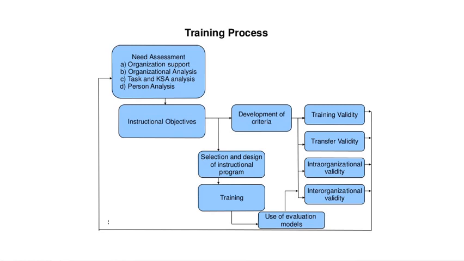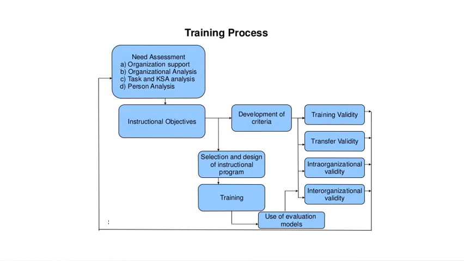For example, whatever trainer we called for training, maybe the trainer did not have that much knowledge. So for the next training, we have to change the trainer, or the duration was not enough, so in the next training program we have to change our duration. That is called intra-organizational validity, whether the same training program can be used in future, or some modification will be required.